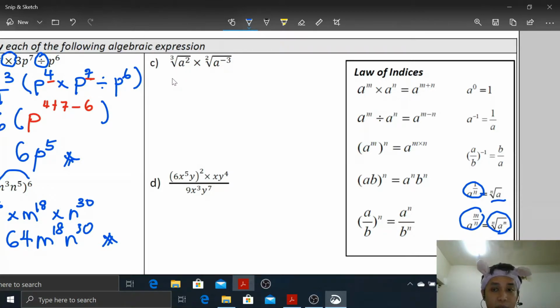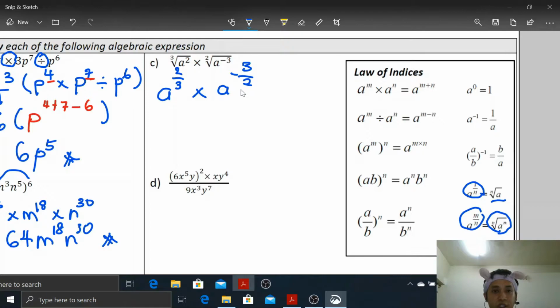When we change it into this form, the one on the outside will go to the bottom, remember? So it will be 2 over 3, and then multiply. This one we leave as negative first, it doesn't matter. So this one will become negative 3 over 2.